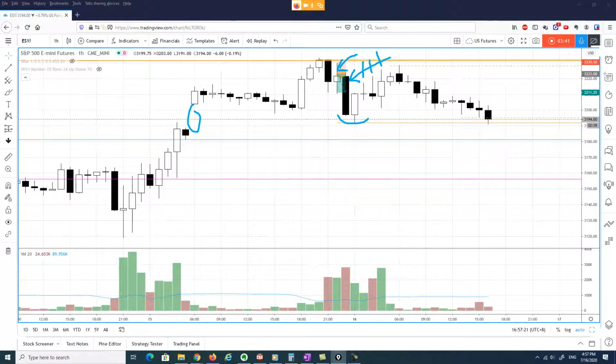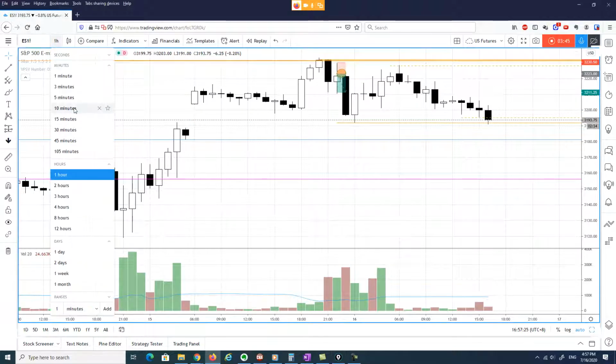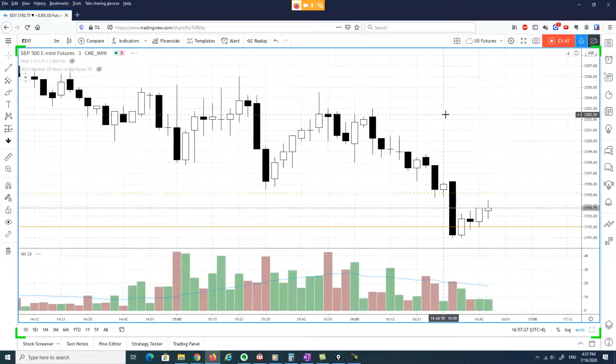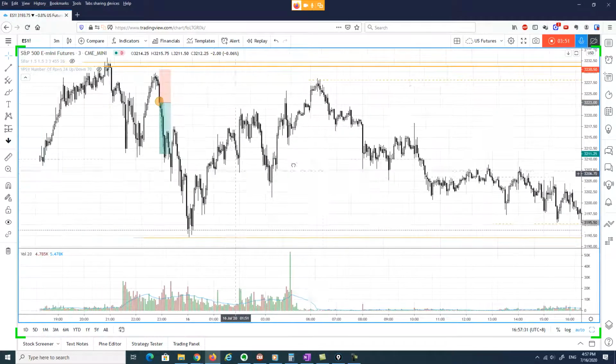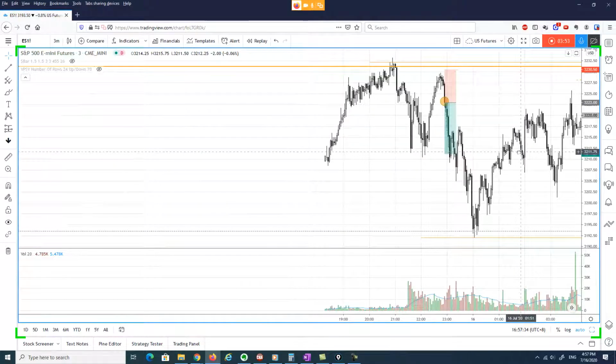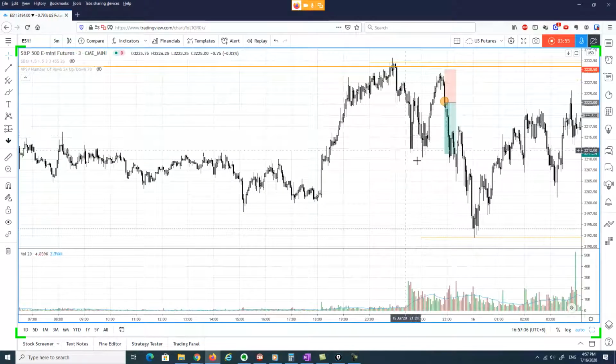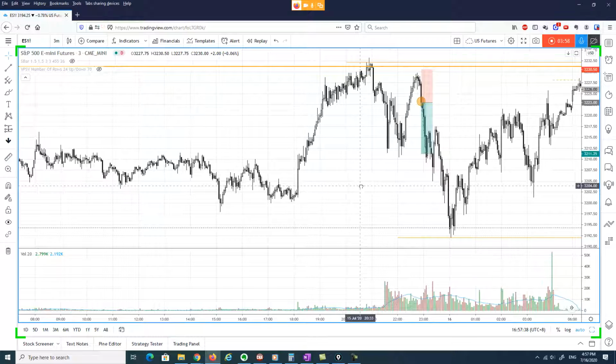Let me just zoom into the M3 time frame for a trade review, and also quite a number of potential trades. I think it's definitely possible to trade them. All right, so this is how it looks in the M3 time frame.